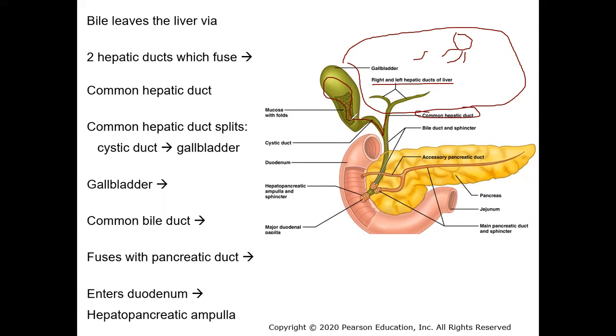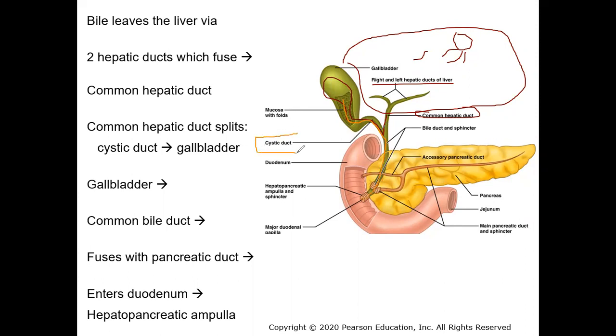When we have a fatty meal and we need bile to emulsify that fat, the gallbladder then releases bile back through the cystic duct to the common hepatic duct.